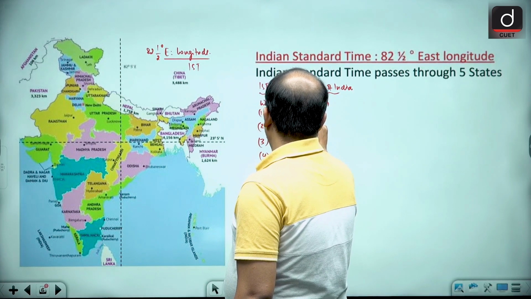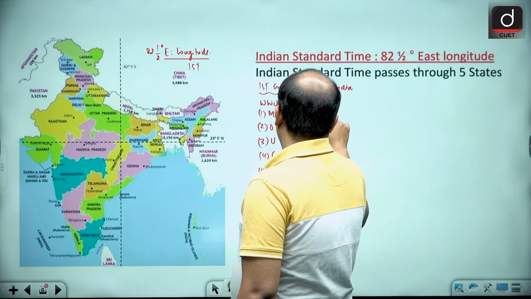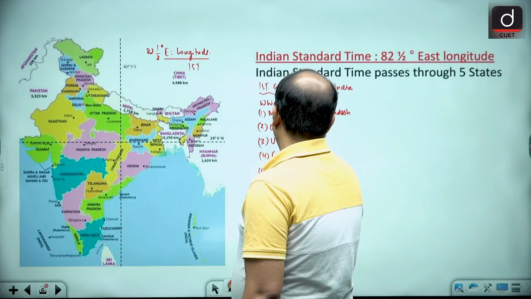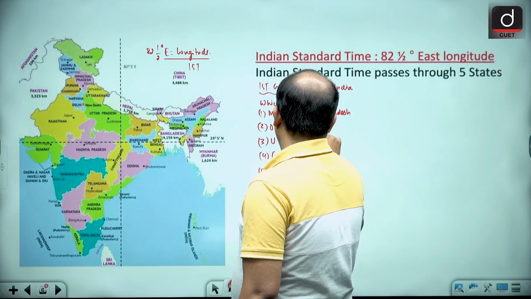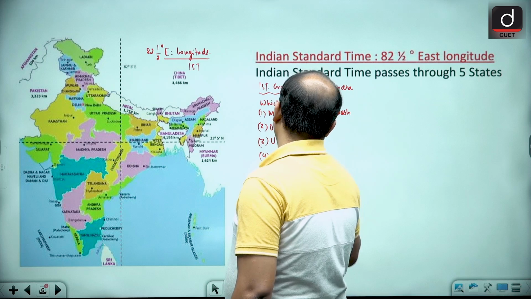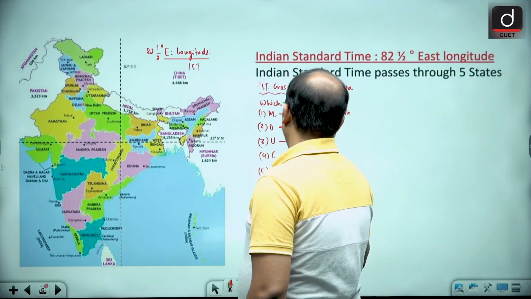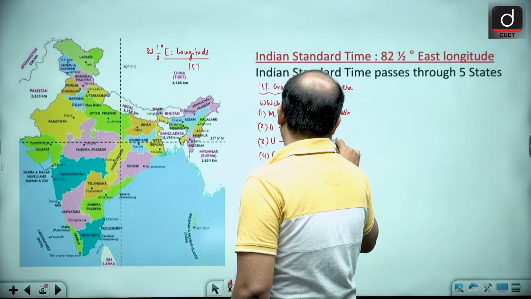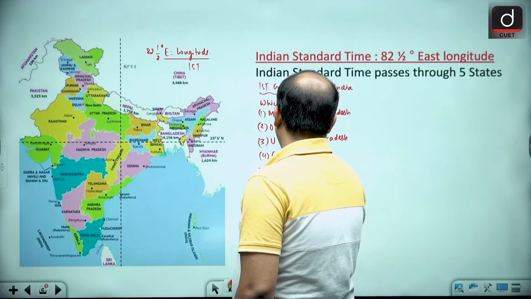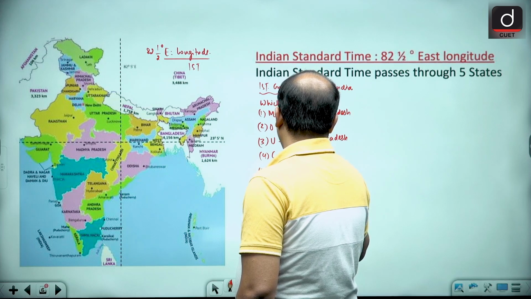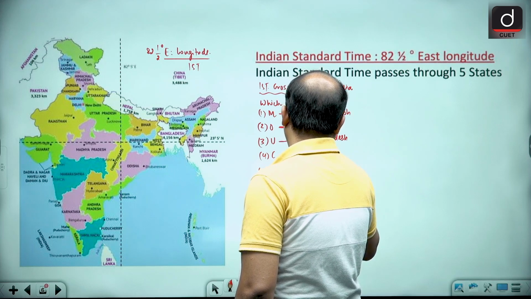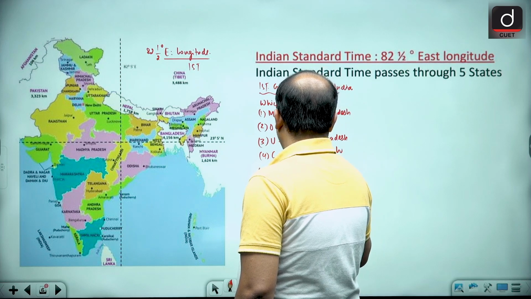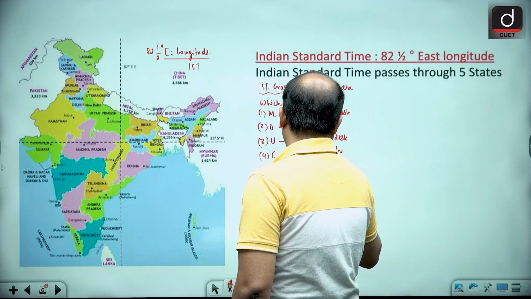M for Madhya Pradesh, O for Odisha, U for Uttar Pradesh, C for Chhattisgarh, and A for Andhra Pradesh.